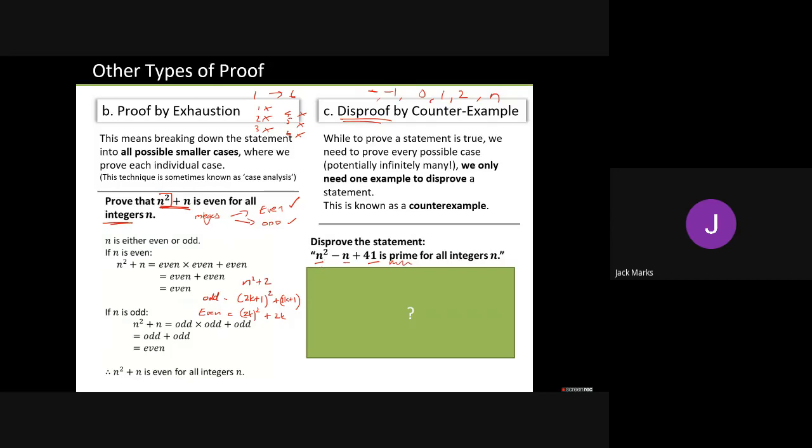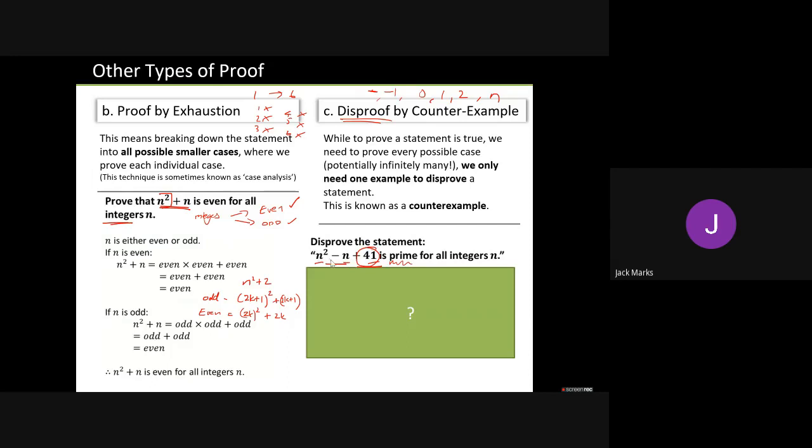-1, that will give you 1 plus 1, so that's not great either. What about 41? 41 squared is, I don't know, a big number. But take away 41 and add 41, those cancel each other out.